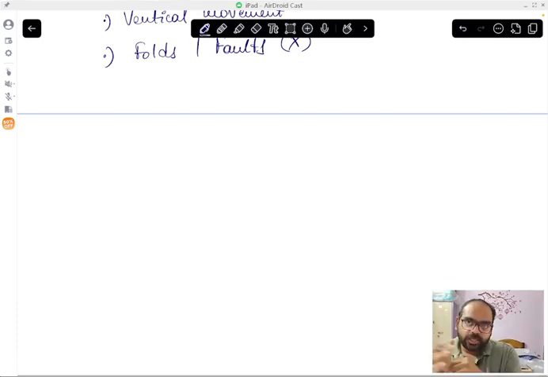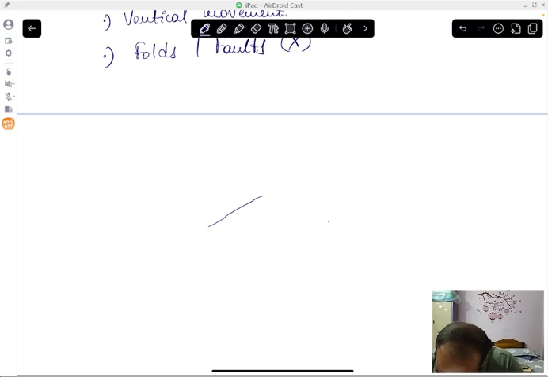the initial earth, as we dealt in previous lessons, consists of crust, mantle and core. Due to the convection currents happening in the mantle, let's say this is the crust and this is magma.